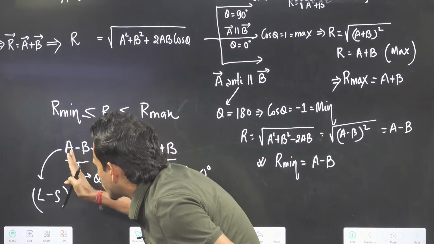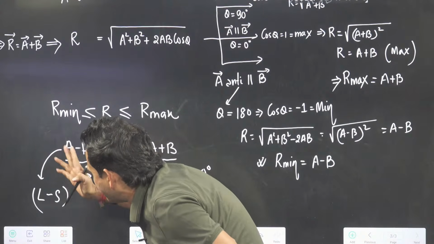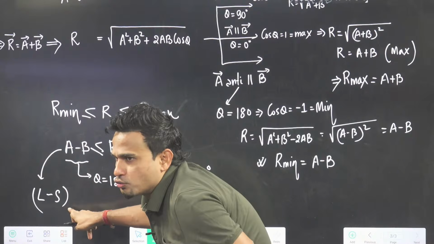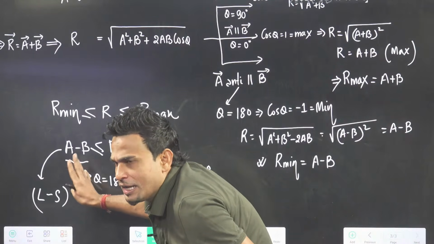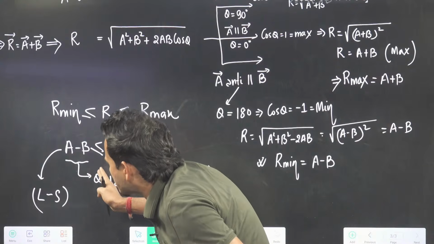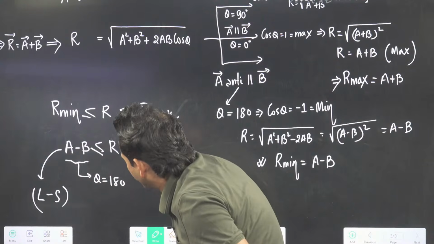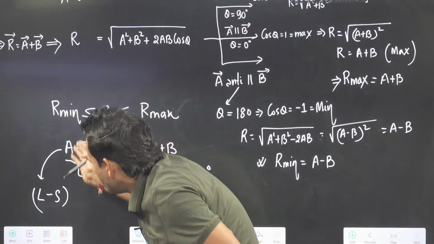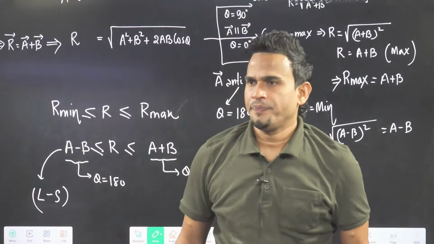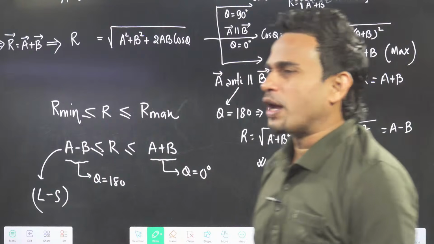So keep in your mind, if 2 and 5 are given, it's not 2 minus 5, it's 5 minus 2. You are calculating magnitude of resultant, and magnitude will always be positive. Here, no problem, because it is addition there, but subtraction here. So whenever you subtract, always do large minus small. Is it okay, bhai?